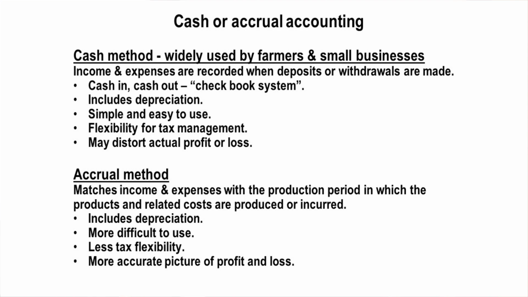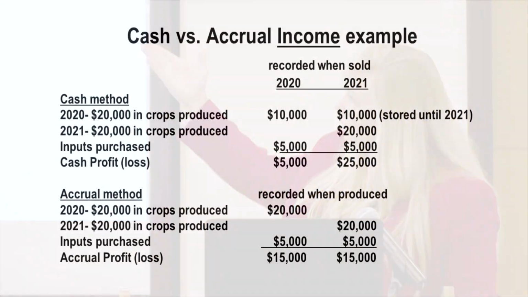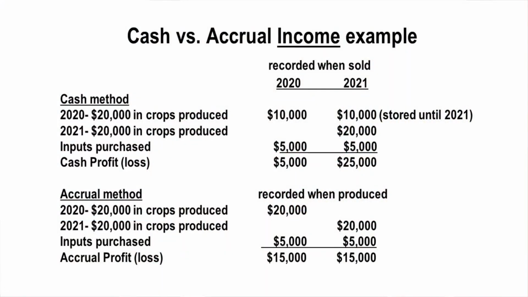We are going to go through just a little bit to show how it's different. And you can see for the 2 years, we still made $30,000, but it's all in when it's recorded. That is really what the difference is. So in the cash method, you produce crops and you got $10,000. You stored them, sold another $10,000. The crops produced in 2021, you had $20,000.